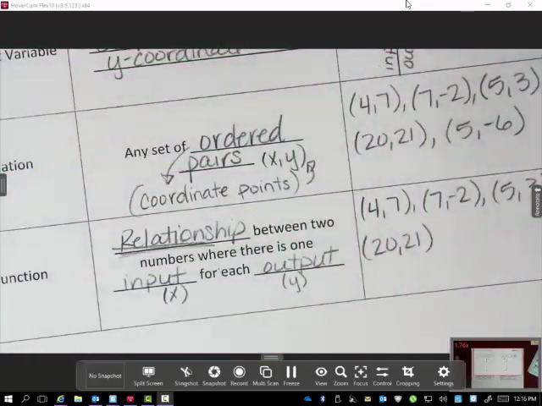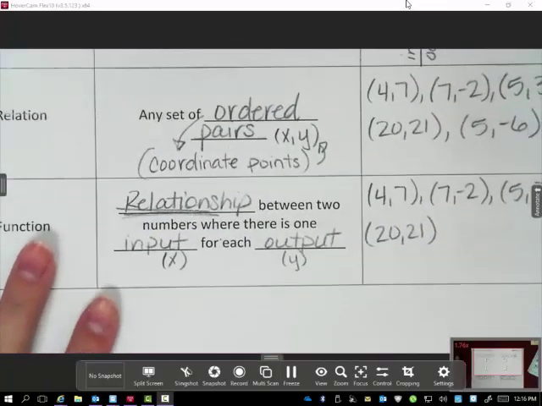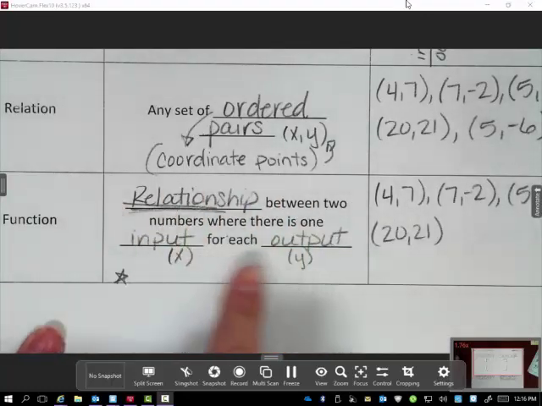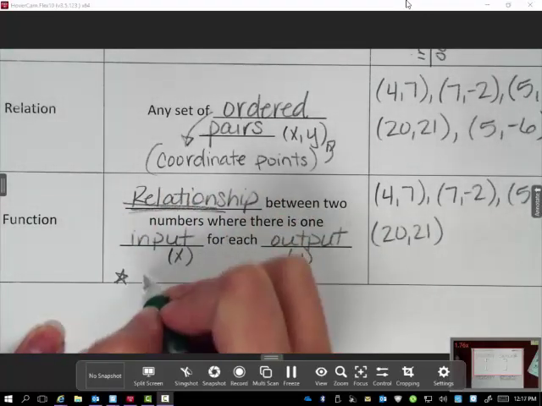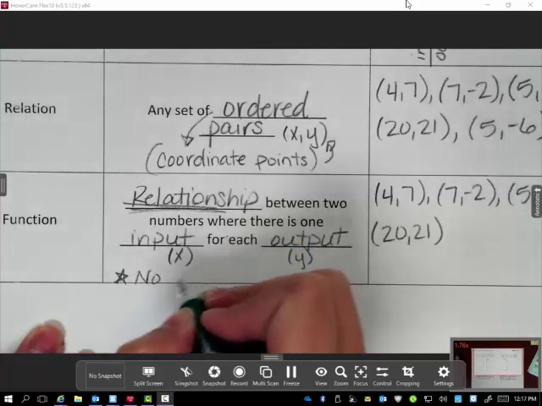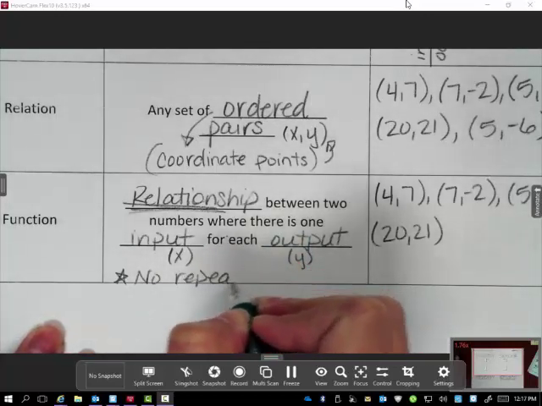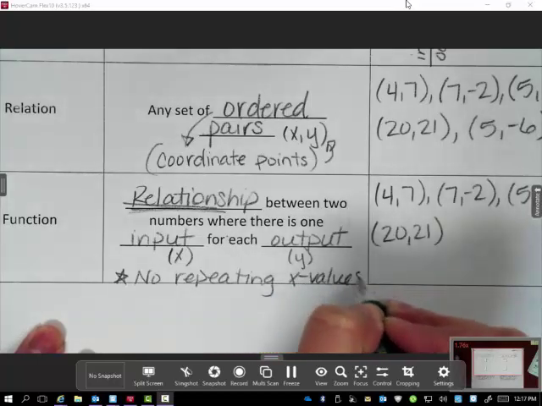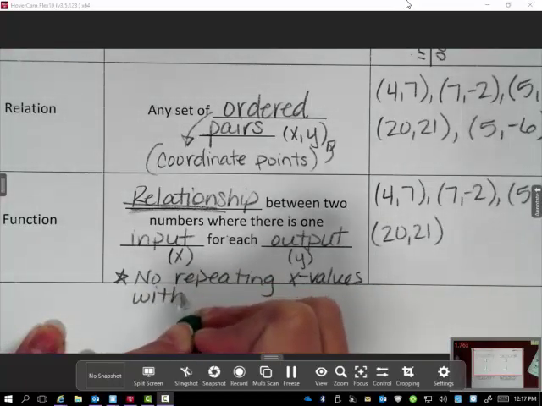Okay. So my definition, because I know this doesn't make a whole lot of sense all the time, I want you to write this down. No repeating x values with different y values.